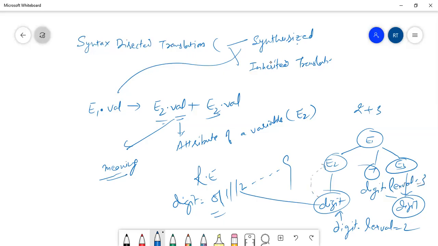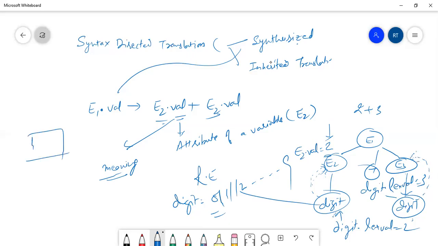And then we create the dependencies here. It gives me E2.val is equal to 2. So this is the meaning of this one, it consists of this particular value, because of this lexval. E2 will be dependent upon this value, and E3 will be dependent upon this value. These are the dependencies that we show when building the semantic analysis.